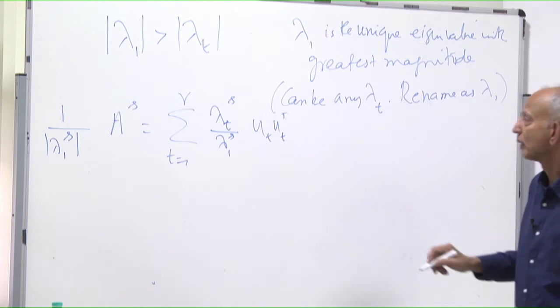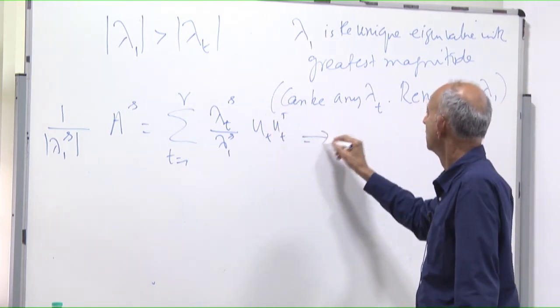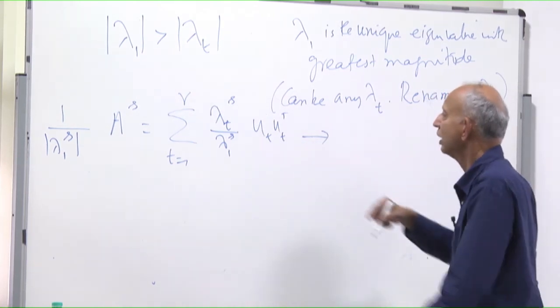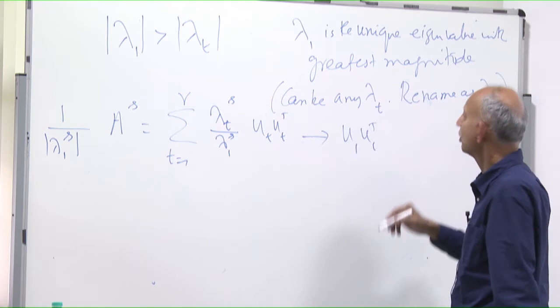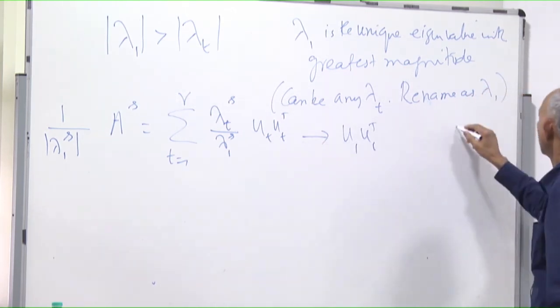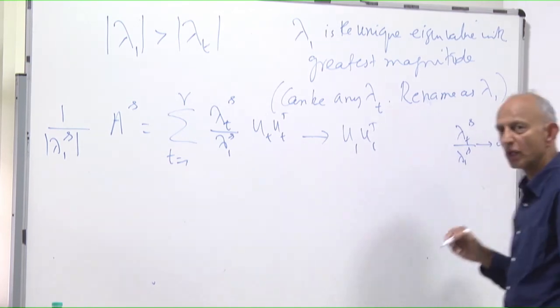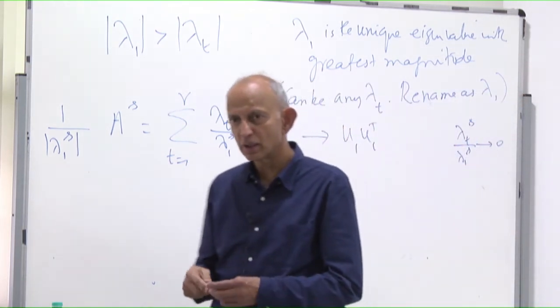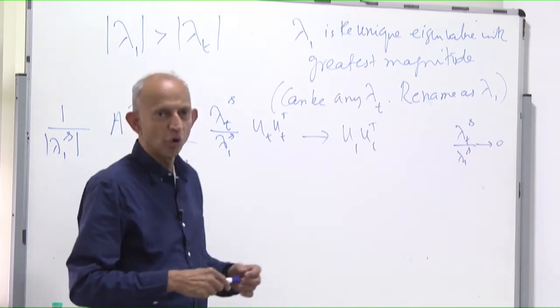Okay, and then in the limit as s goes to infinity, the lambda 1 term becomes u1 u1 transpose. The other terms go to 0 because lambda t to the s over lambda 1 to the s goes to 0, because the absolute value is less, right? Okay, so the other terms go away.